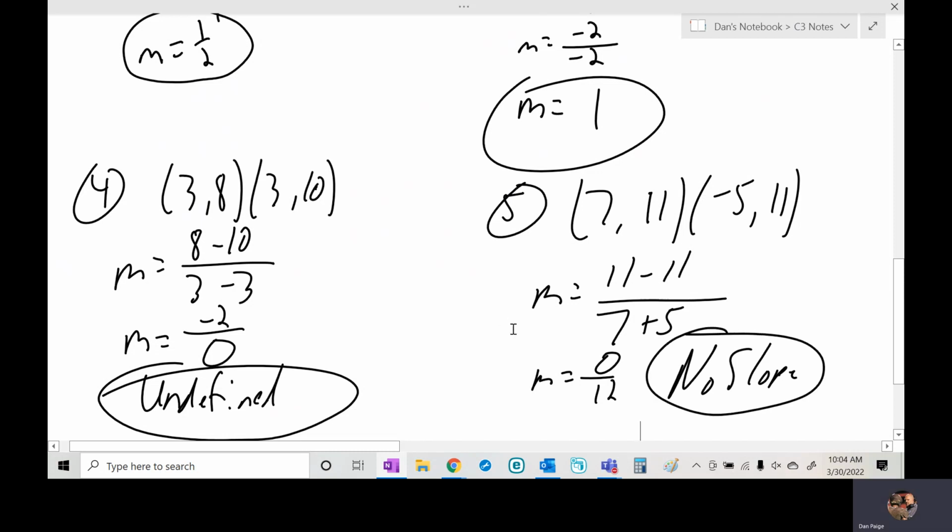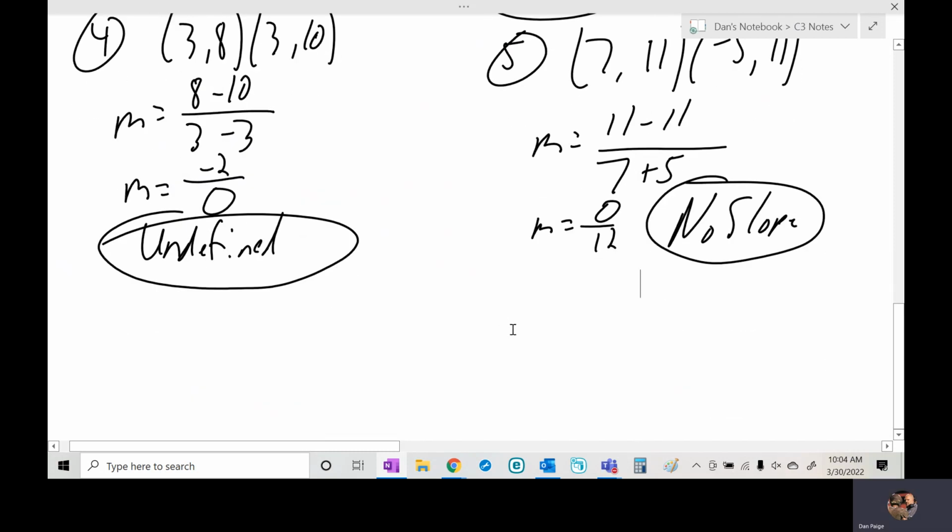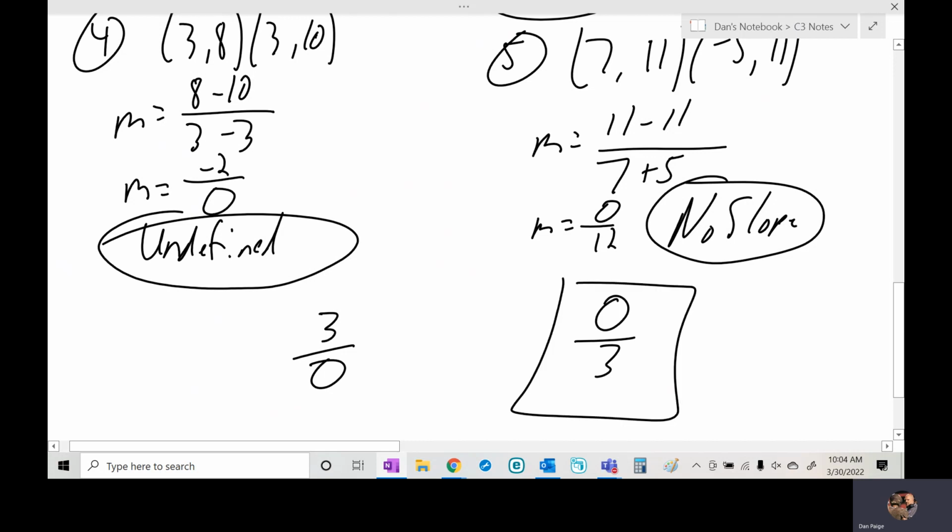Here's another way to think about this. You guys don't need to write this next part down, but think of it as a fraction, 3 over 0 and 0 over 3. 0 thirds actually makes sense. It's like you have something that's split into 3 pieces and all of the pieces are gone. You can have 0 pieces.